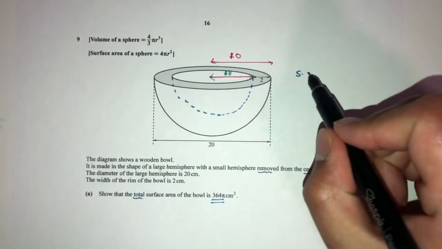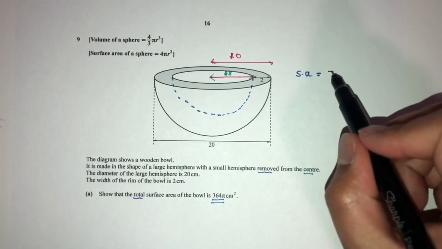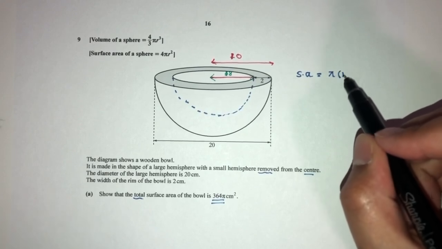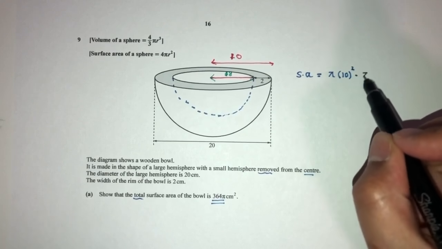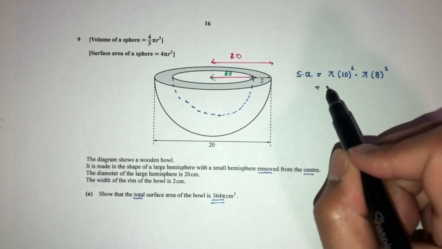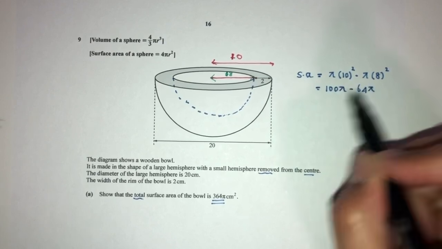So shaded area, or the rim, big circle is pi r square. R square is obviously the big one, which is 10 square, minus pi small one, which is 8 square. That'll be 100 pi minus 64 pi.